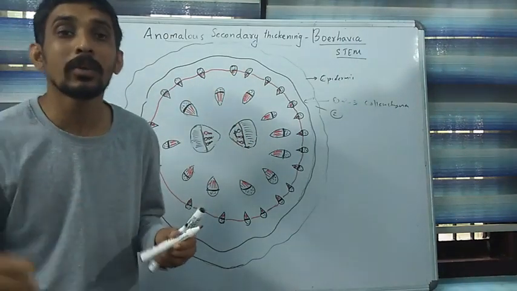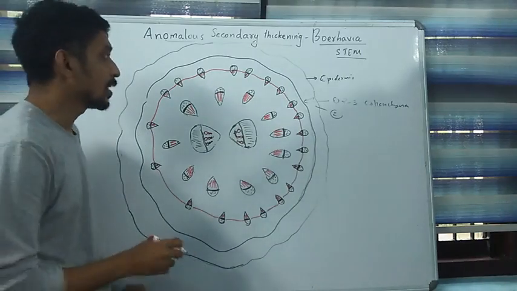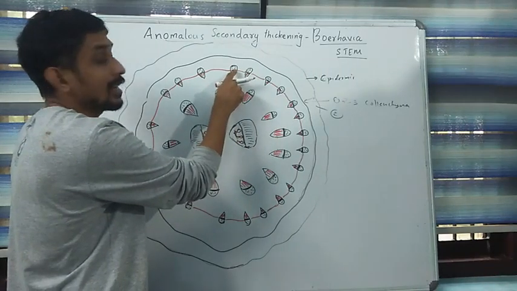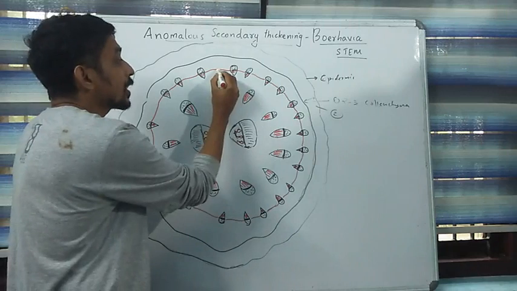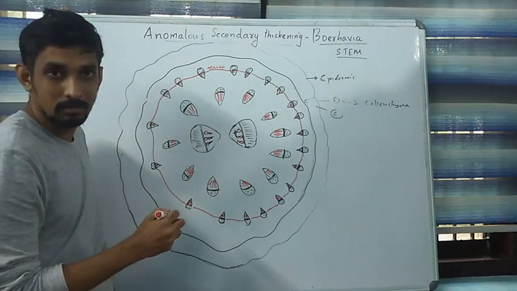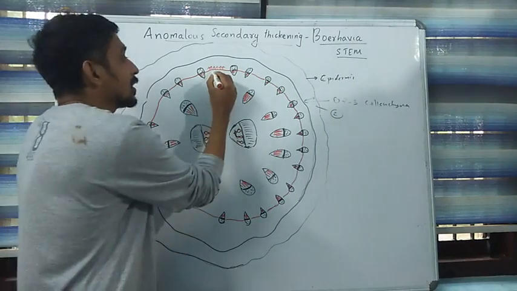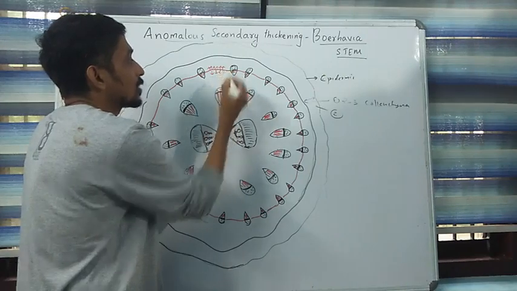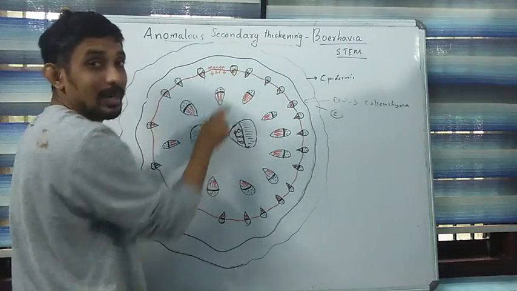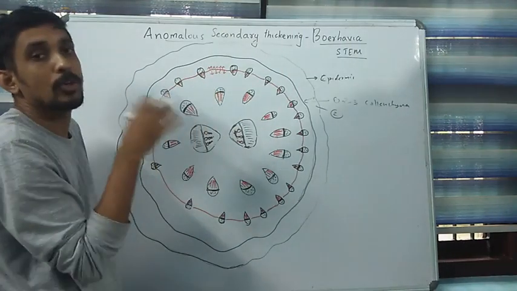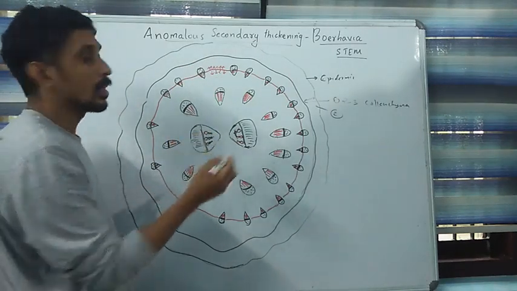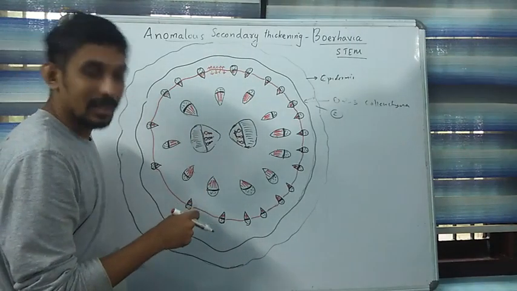It is similar to a normal dicot stem, but the difference is that the interfascicular cambium does not show activity like that of fascicular cambium. Interfascicular cambium produces a group of loosely arranged parenchyma tissue towards outside, and likewise it also produces parenchyma tissue towards inside. Fascicular cambium produces secondary phloem towards outside and secondary xylem towards inside, but interfascicular cambium does not. Instead, it produces parenchyma tissue towards outside and inside.